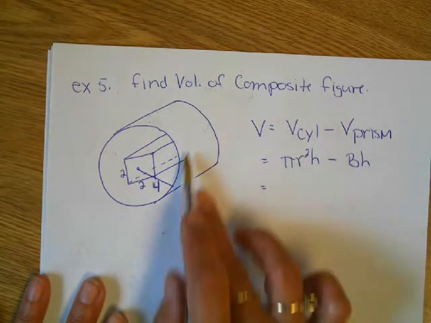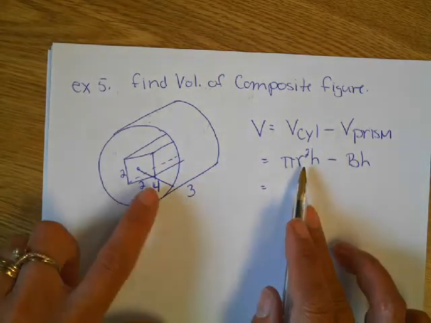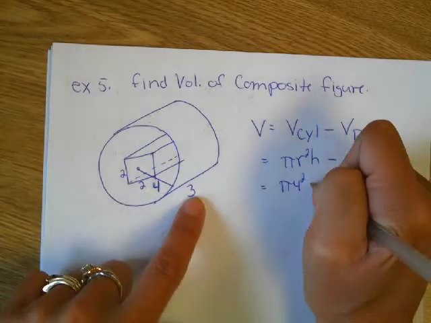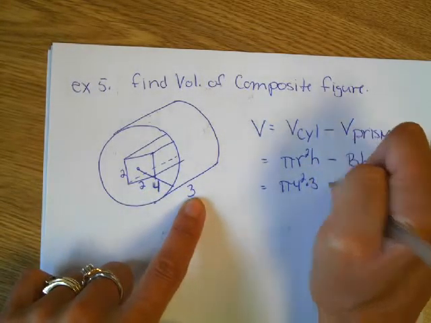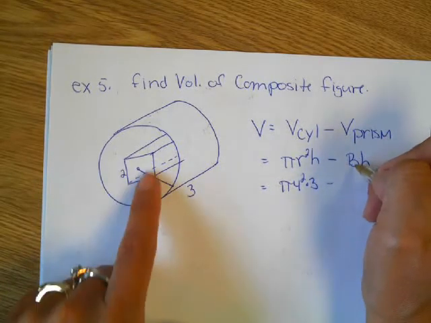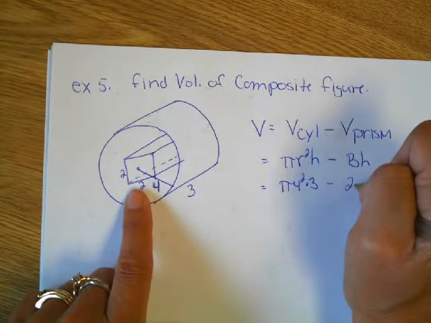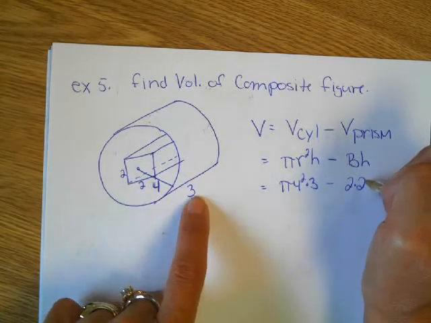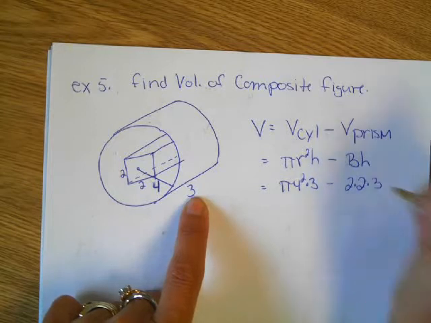So this first formula is focused on the cylinder. We need the radius, which is 4. The height would be 3, it's just laying on its side. The part that's missing, the base of this prism, is a square, so that's 2 times 2. And the height of that opening is going to be the same as the cylinder. It goes all the way through.